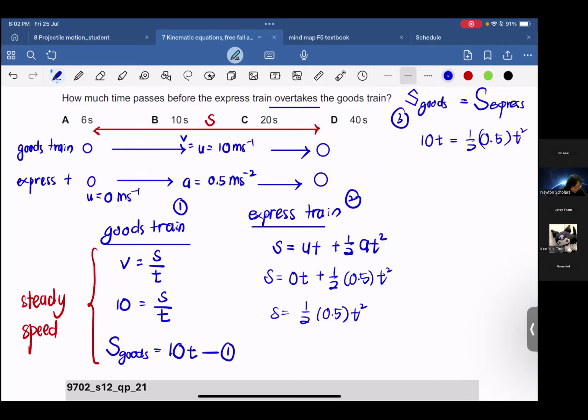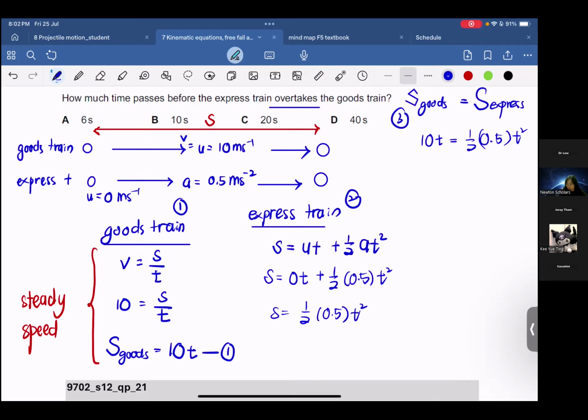Let me see. Joray, C. No. D. Yes. Kai Chen correct. Fawal, 40 seconds, correct. 40 seconds, correct.